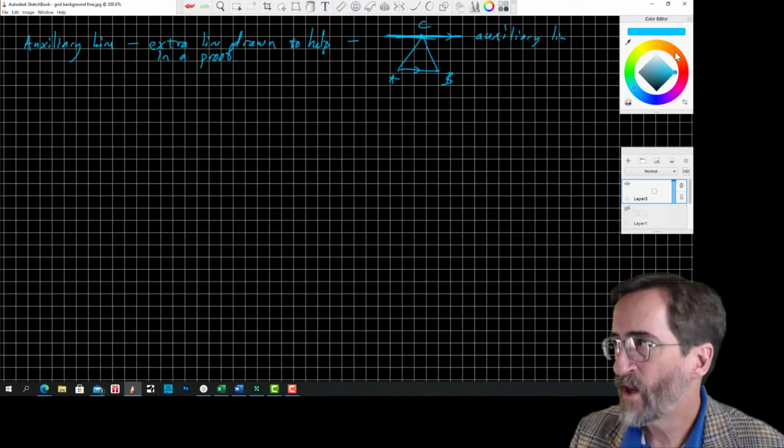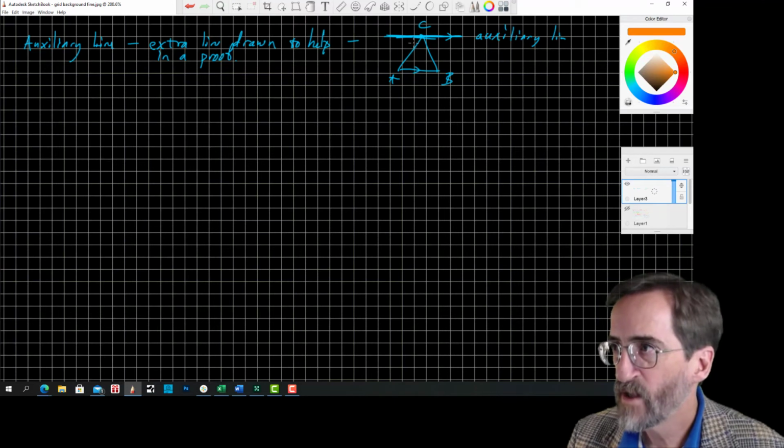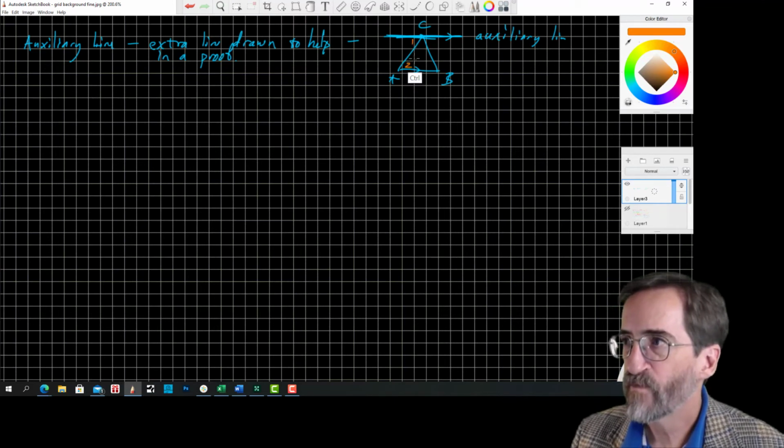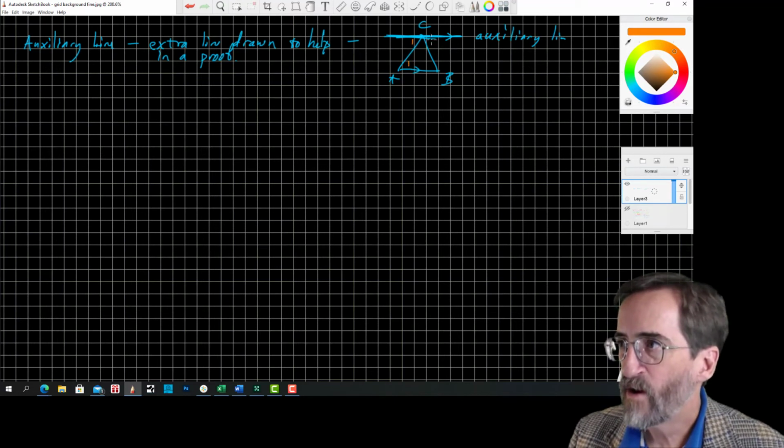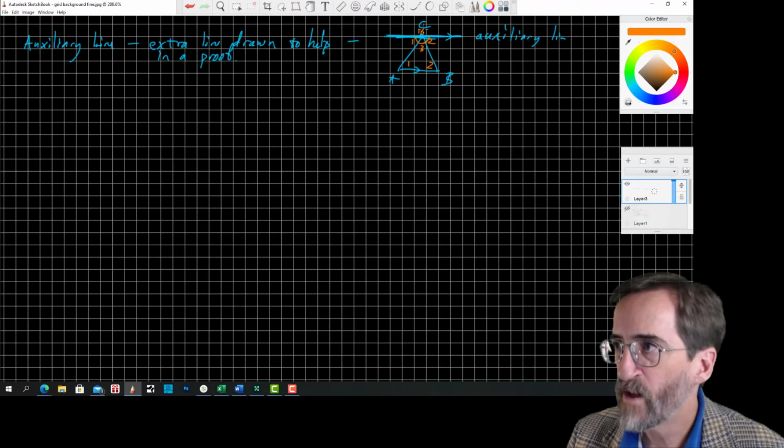And by the way, that helps us prove it because alternate interior angles, say 1 and 2, are congruent. So I'm just going to label these 1 and 1. And alternate interior angles also says this angle is congruent, so 2 and 2. And 3. And we know that the angles that form the straight angle are 180.